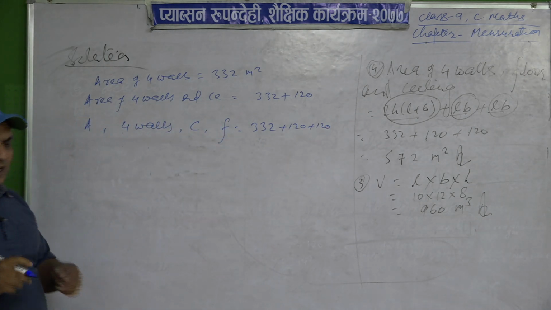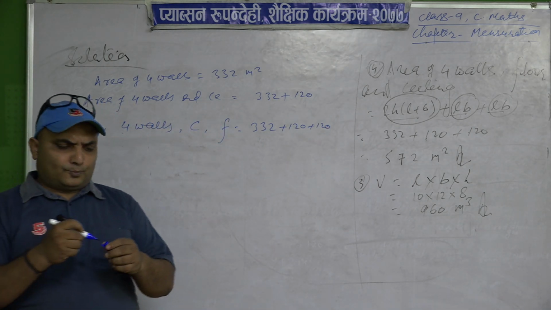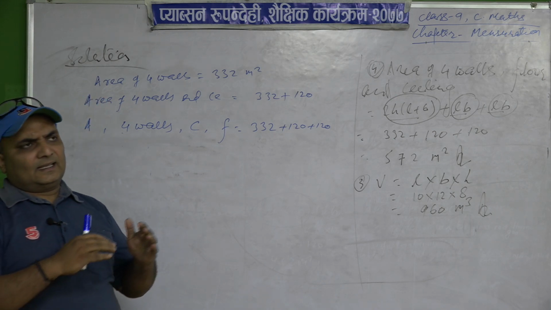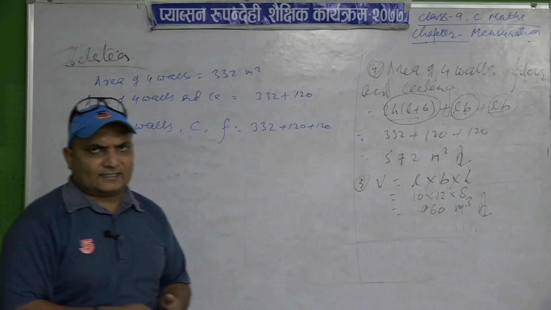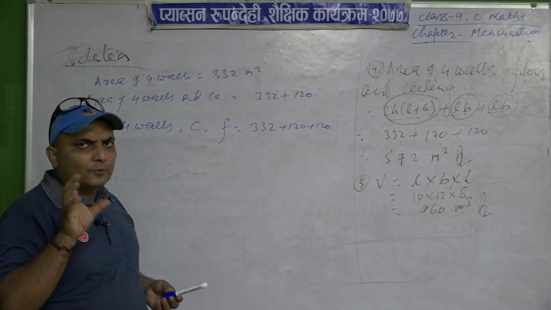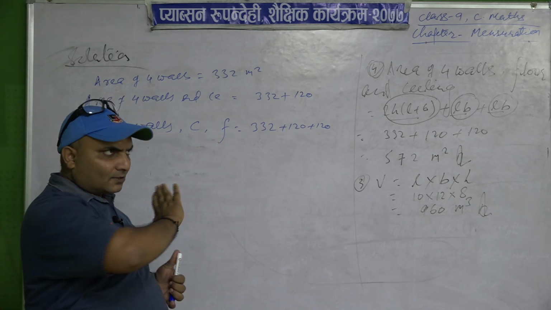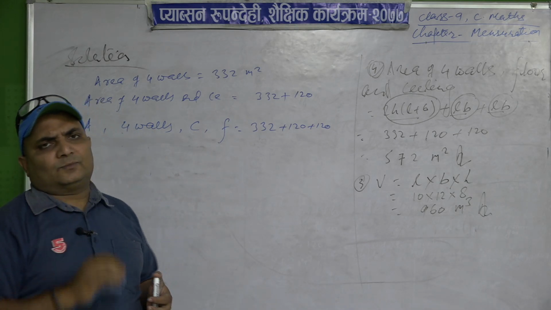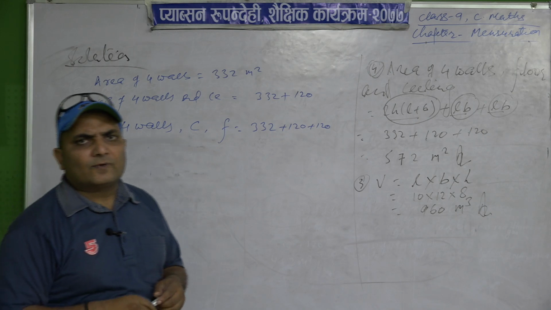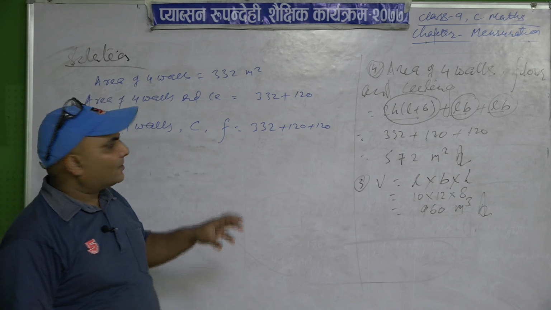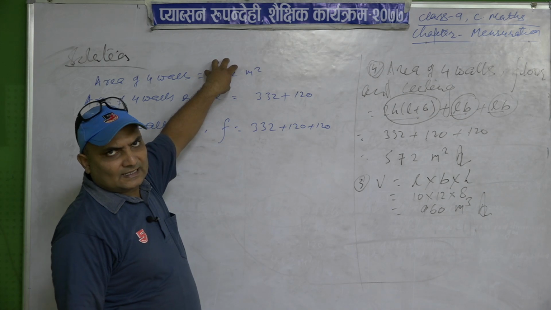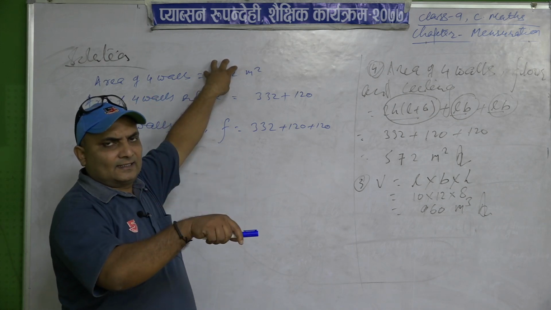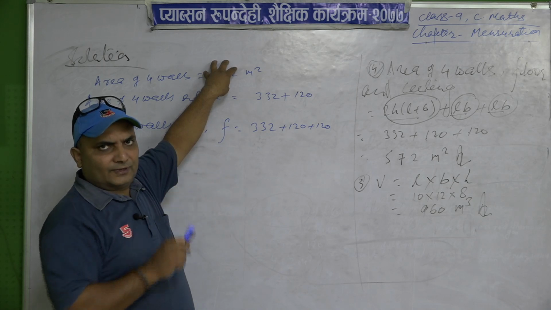Okay. Now suppose we have to paint or we have to plaster in different places. Suppose we have to paint or plaster on 4 walls with some rate, then what do we have to find out first? We have to find out the area of 4 walls and then multiply the area of 4 walls by that rate or cost per unit.